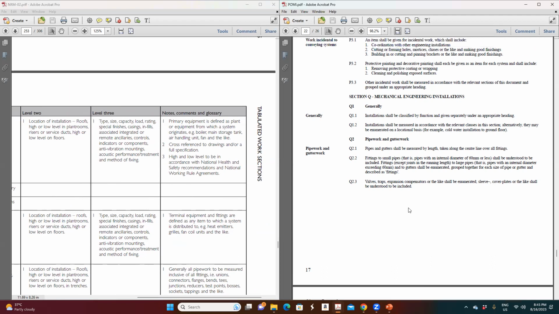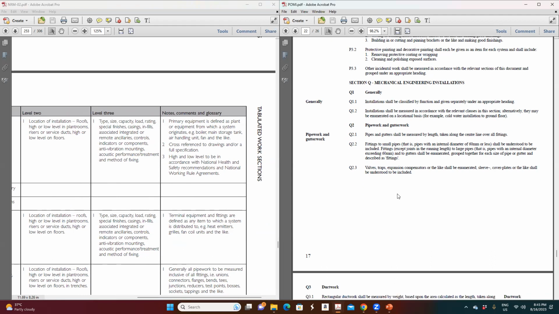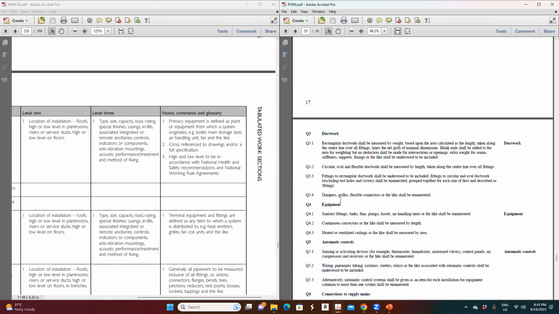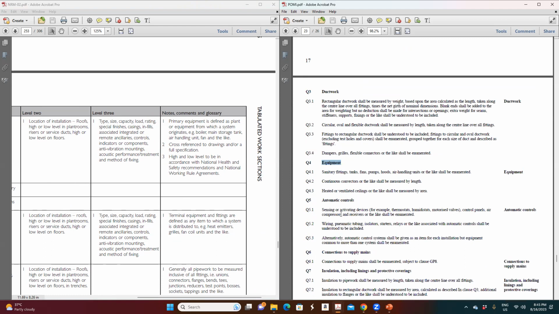Coming back to the POMI, they're having very interesting things here. They said pipe work and gutters, duct work, equipments. So the primary equipments came here under the equipments: sanitary fittings, tanks, fans, pumps, hoods, air handling units are enumerated. They said by number.